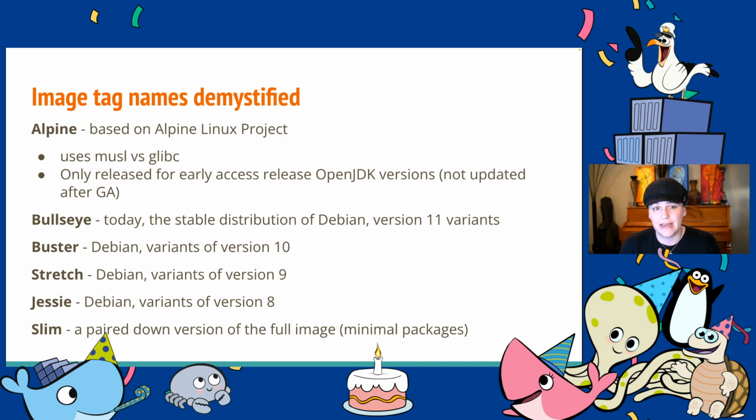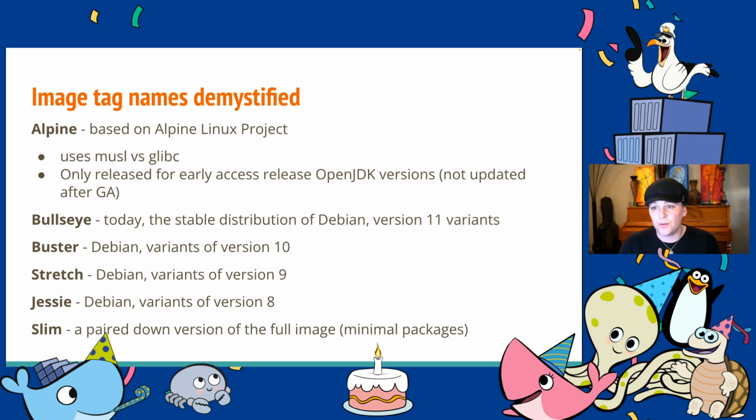And by the way, Alpine is interesting. Alpine images are based off of the Alpine Linux project, which produces small images, especially for container usage. However, it uses a slimmer C library called musl that's different than what Debian uses, which is glibc, or the GNU C library, and it requires an OpenJDK port.